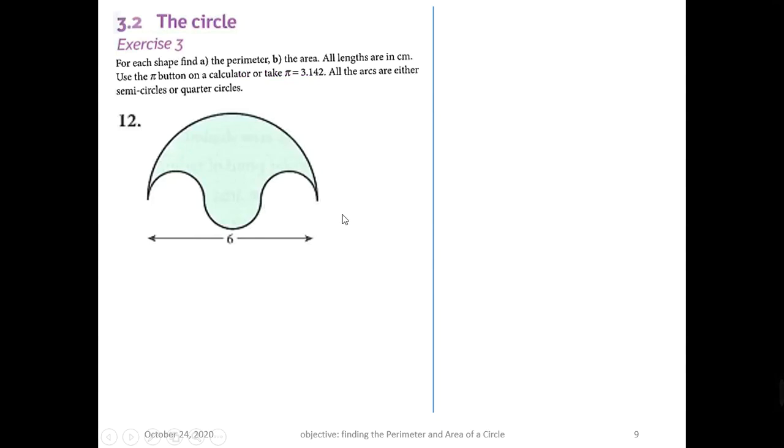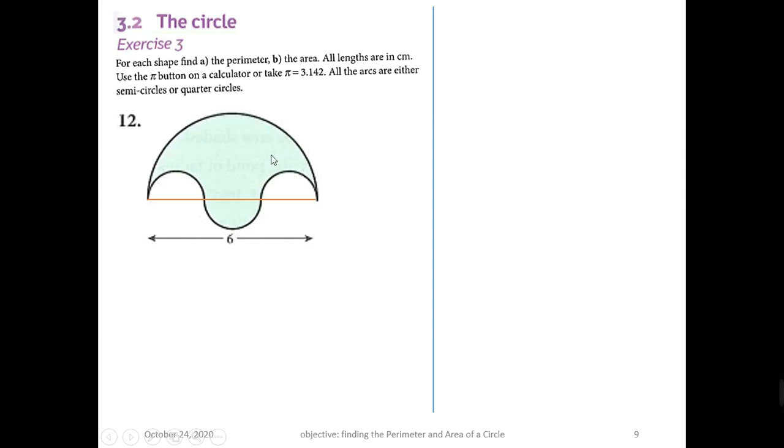As you can see here, we have this shape in hand, and it is composed of a big semicircle and three small semicircles. So if you complete the shape here, you can see the big semicircle and the three small semicircles.